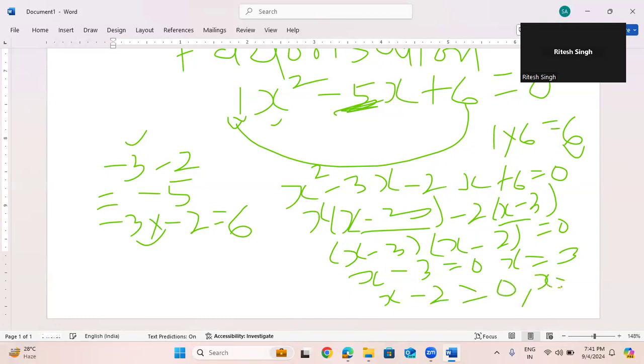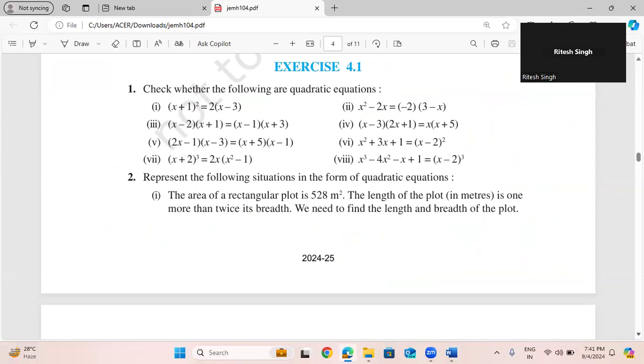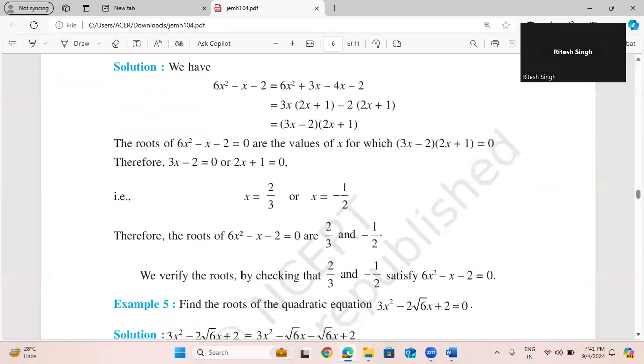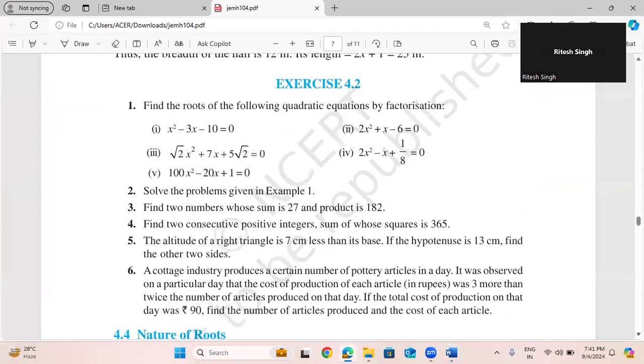So we can solve it like that. This is a simple method. This is the factorization method. I will take one or two more questions from factorization and then we will come to the other proper method that will be applicable to all types of questions for a quadratic equation.